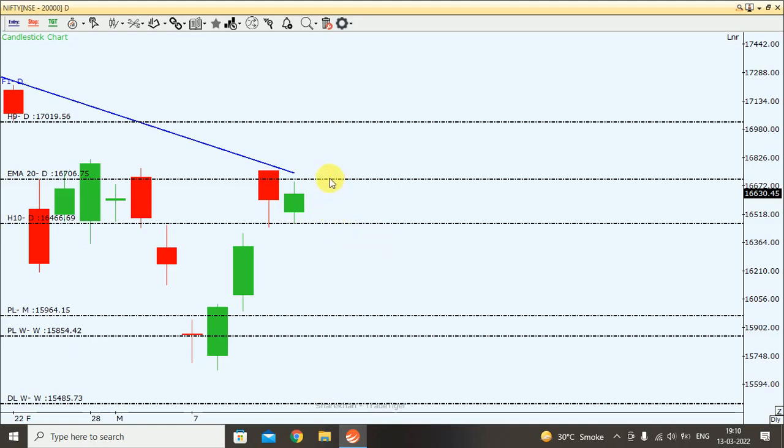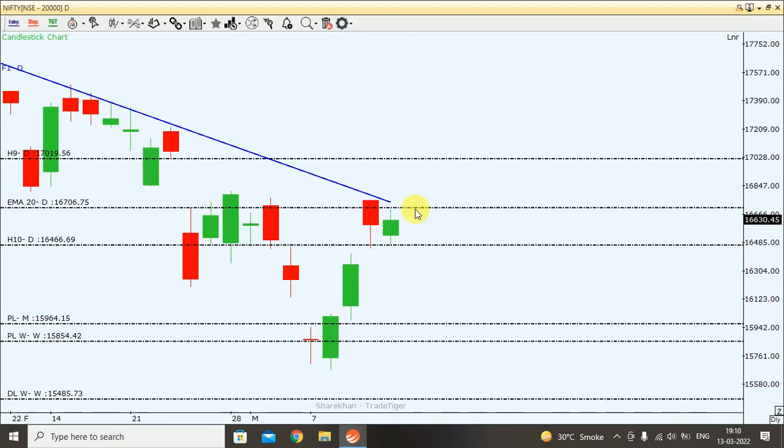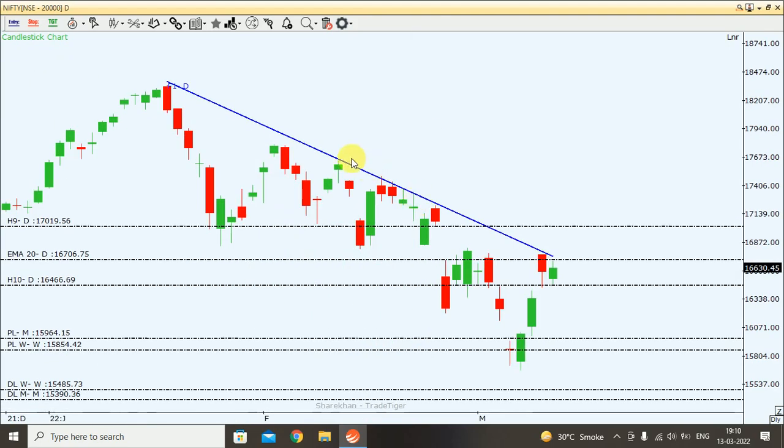the high of the Friday, 16,700, and the high of the Friday seems to be EMA 20 resistance on the daily time frame as well. So one can say that it triggered the EMA 20 line on the daily time frame and it has come down. Okay, and very clearly we can see this Nifty is following the trend line of this, right?